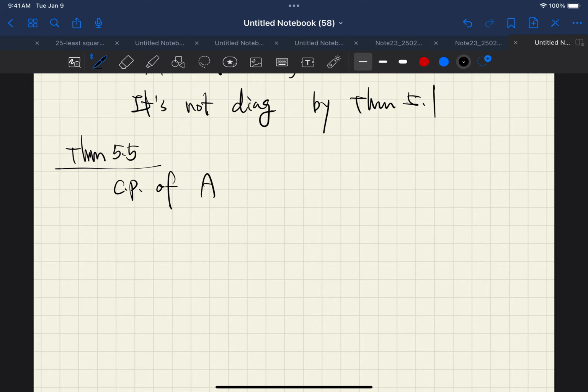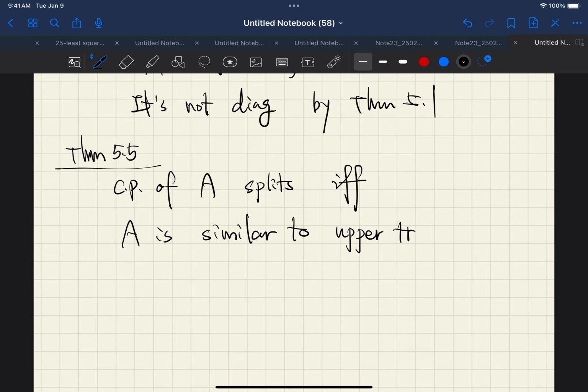The characteristic polynomial of A splits if and only if A is similar to an upper triangular matrix, which means A can be written as Q U Q inverse, where U is upper triangular, not a diagonal matrix.